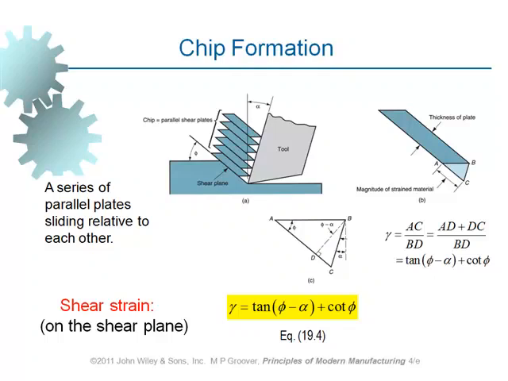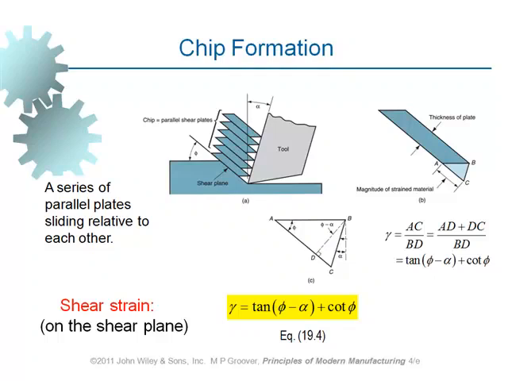And if we take this small little triangle out from here and represent it right here, on the basis of that we can compute the magnitude of the change of shape, which is the length of side AC being represented by parameter gamma.